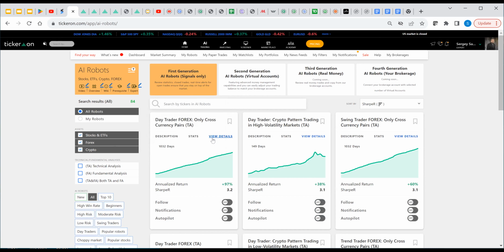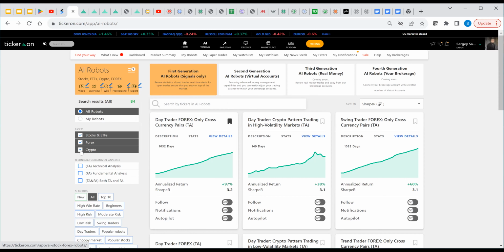So for instance, I want to bookmark that one, and I don't follow, I don't get notifications, I didn't put it on autopilot, and it's still going to get into the group of my robots. That's a really good feature, because people were confused about how to assemble those robots. You want to just observe how they perform, okay?